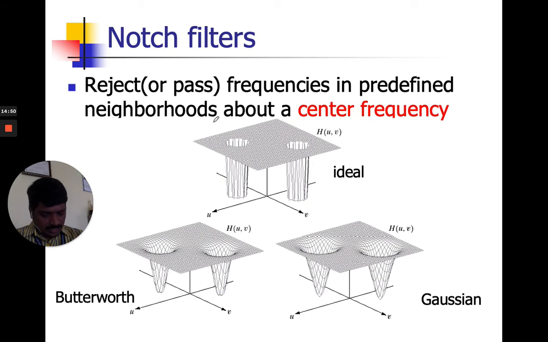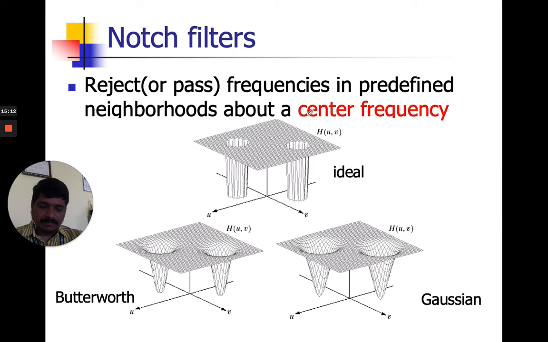We move on to the next part, which is the notch filter. Basically, a notch filter rejects or passes frequencies in a predefined neighborhood about a center frequency.